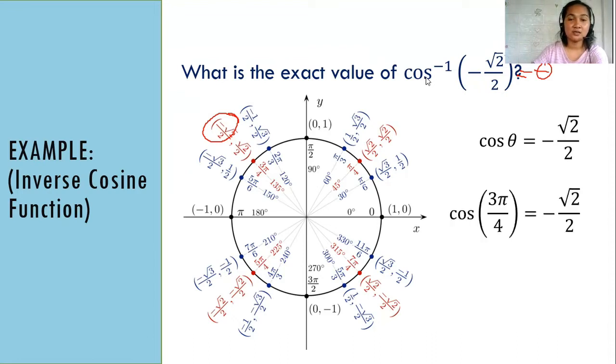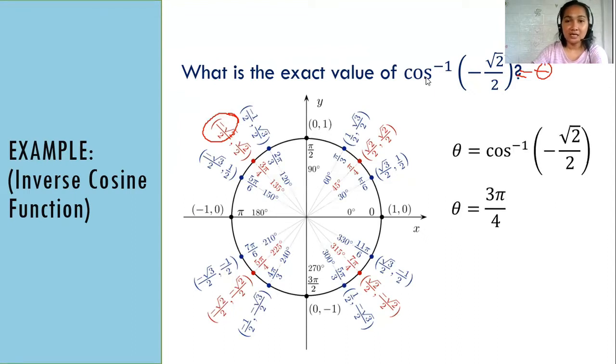Thus, cosine of 3 pi over 4 is negative square root of 2 over 2. Since inverse cosine of negative square root of 2 over 2 is our theta, theta is 3 pi over 4. Again, we find on the unit circle the angle that generates cosine of negative square root of 2 over 2, which gives us 3 pi over 4.